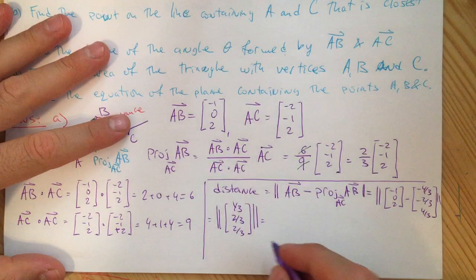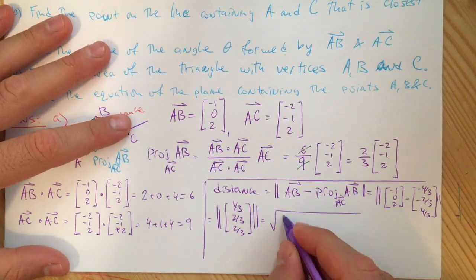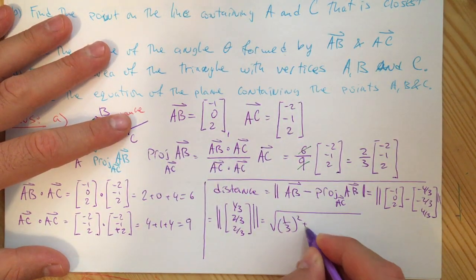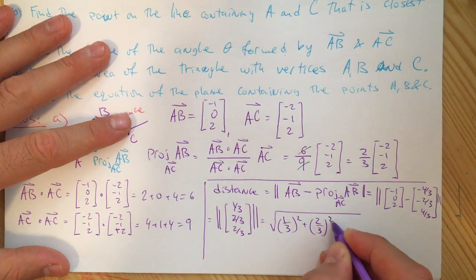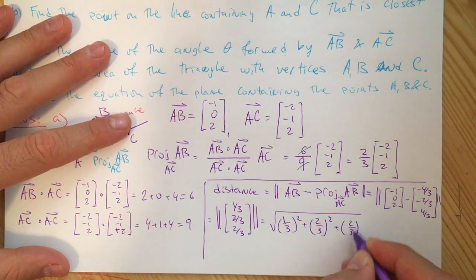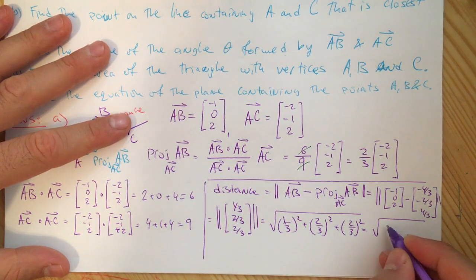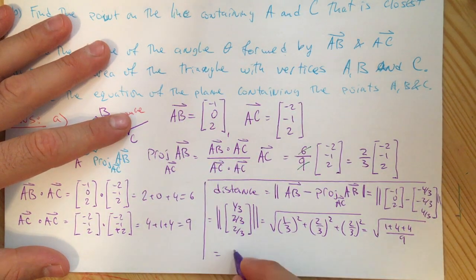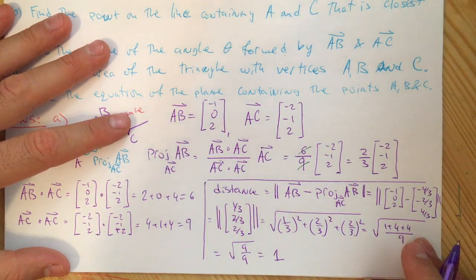And the magnitude of this vector is the square root of the sum of squares, 1/3 squared plus 2/3 squared plus 2/3 squared, which is the square root of 1 plus 4 plus 4 over 9, that's the square root of 9 over 9, and that's equal to 1.